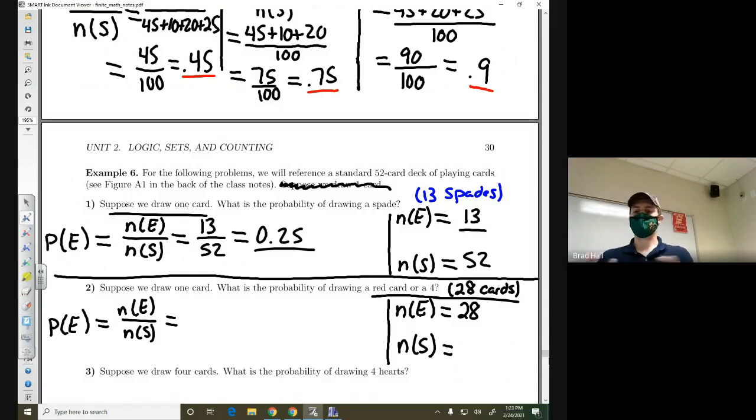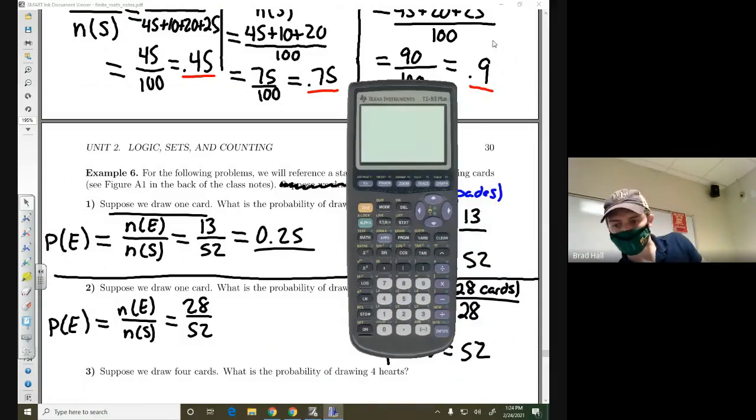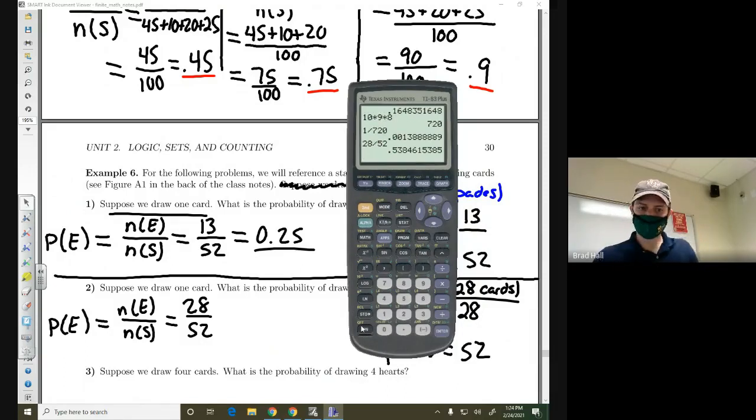And then the total number of possibilities is still the 52, because we're still choosing 1 card, and the total number of cards in the deck is the 52. So this is 28 divided by 52. It's probably going to be a number a little bit over 0.5. So let's find out what that is. 28 divided by 52. 0.5385, why not? 4 decimal places.